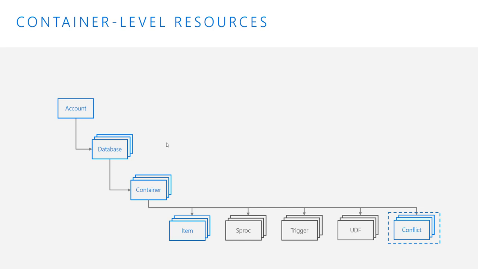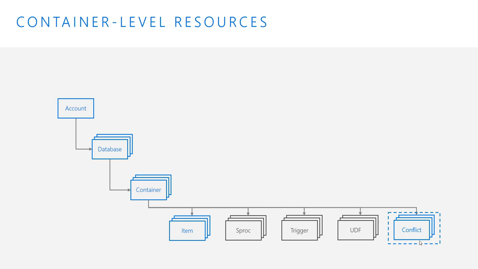But US West went down before it could replicate some documents to East. So the document was written to West and it went down. It didn't have time to replicate the document. Now when US West comes back, it will see there's a conflict, because there were some documents which were not replicated to the other region.